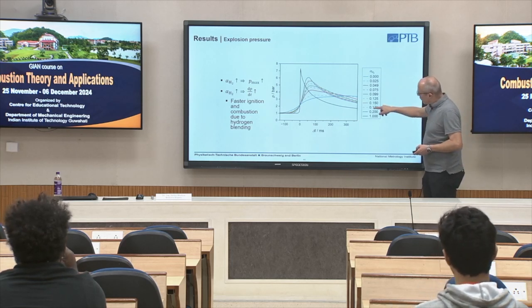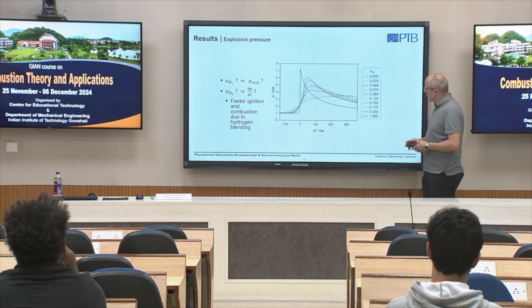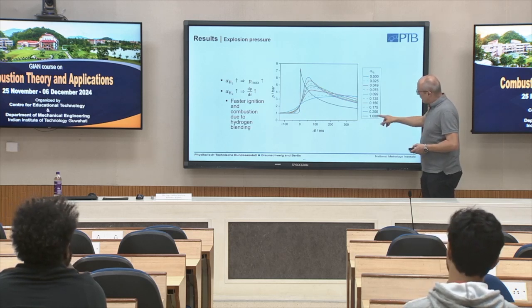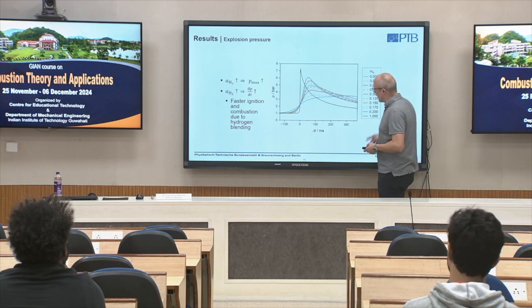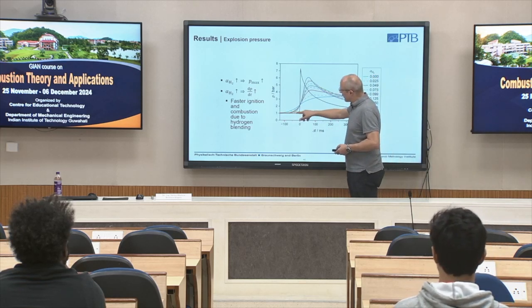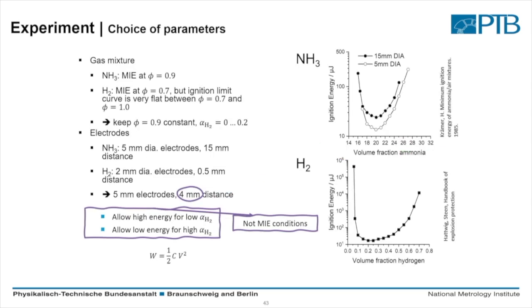So 20% of the combustible is then hydrogen, and here we have 100% hydrogen, just for comparison. So you see, for the pure hydrogen event, a very fast pressure rise, as we have seen already yesterday, then cooling of the system.